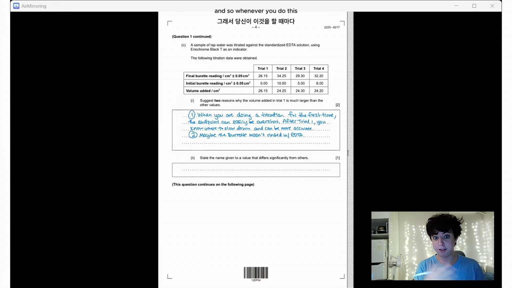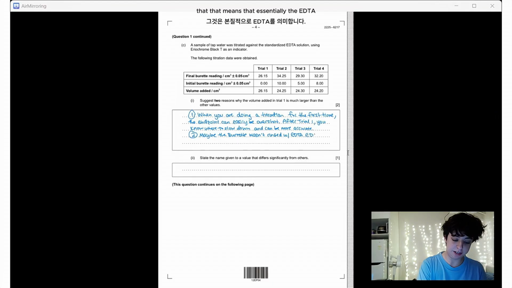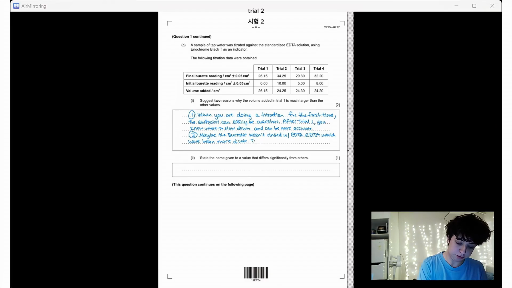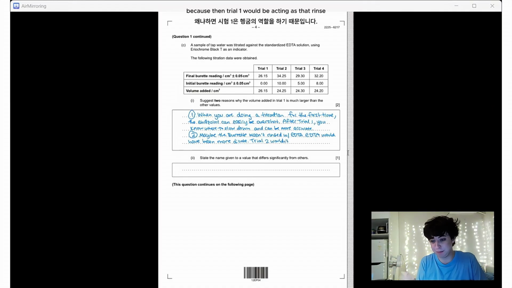Whenever you do this, that means that essentially the EDTA would have been more dilute because it would have been combined with more water than expected. Trial 2 wouldn't have this problem because then trial 1 would be acting as that rinse.